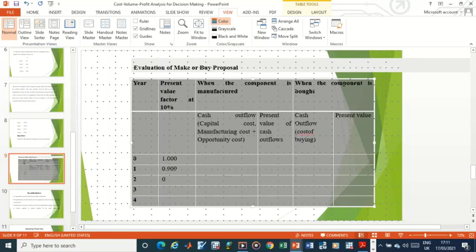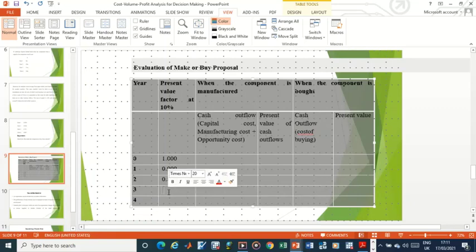From the PV values that I gave you, for the second year, we have 0.826.